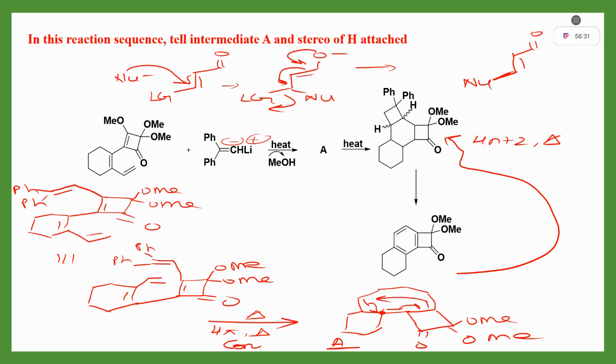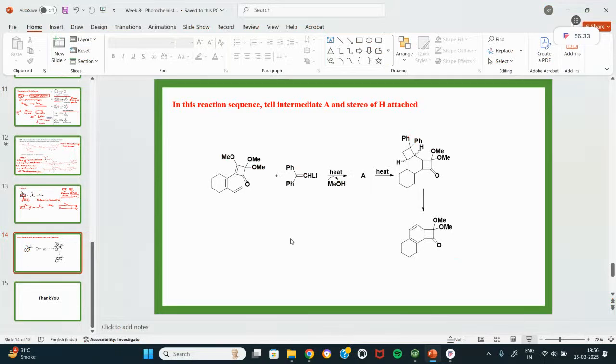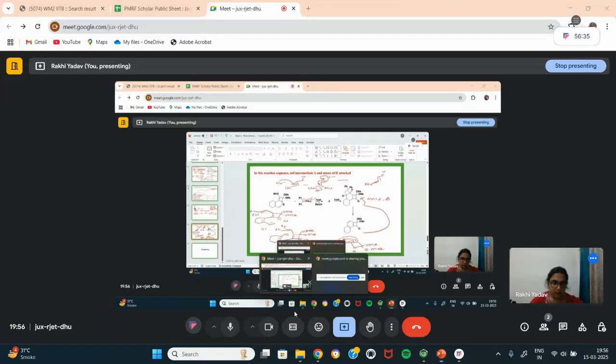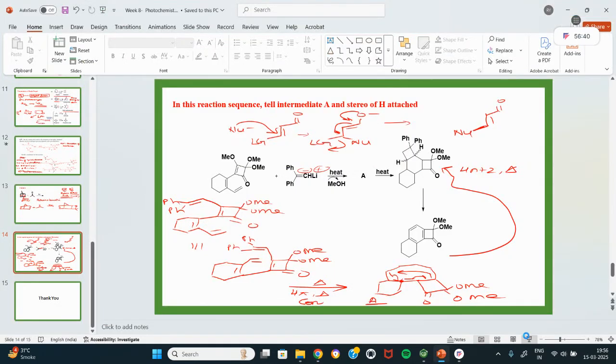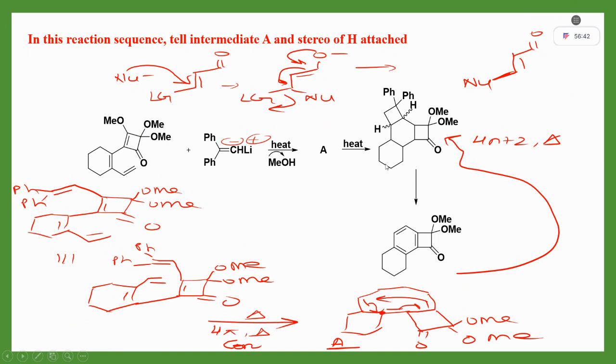4n plus 2. Is there anyone in class? Okay. 4n plus 2 under heating condition. As I have told you, 4n plus 2 photo conrotatory, 4n plus 2 heating disrotatory.